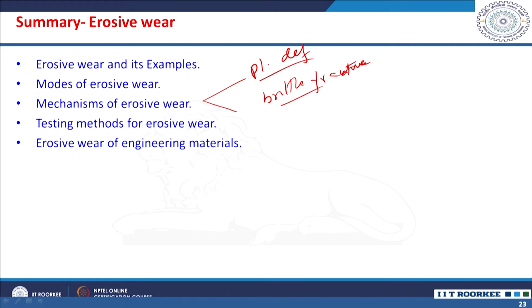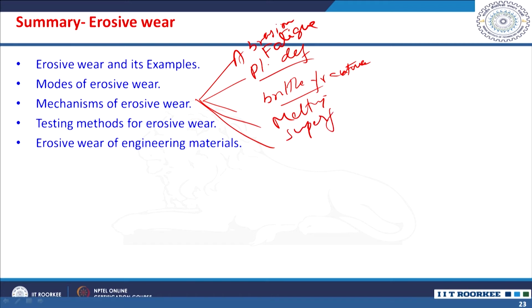Listing all these mechanisms: abrasion, fatigue, plastic deformation, brittle fracture, melting, or even superplastic flow, or even a crystalline arrangement in which atomic erosion occurs, and these are more dominant for the overall material removal.